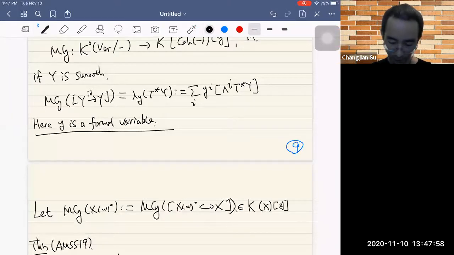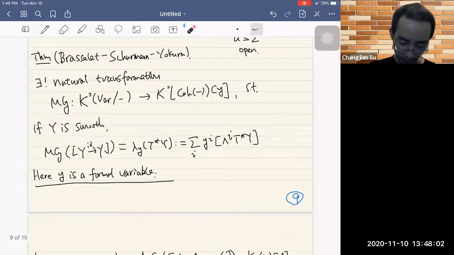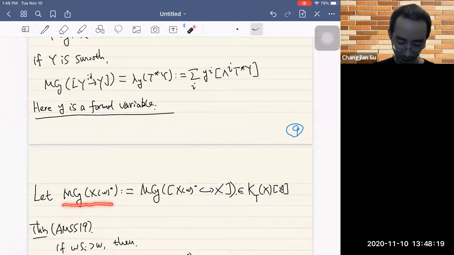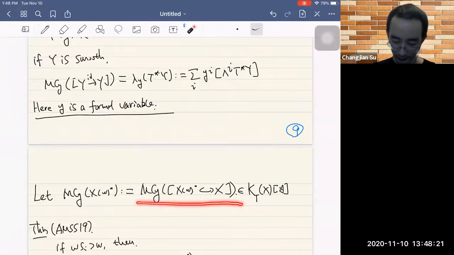I forgot to mention, their construction is in the non-equivariant case, and this can be extended to the torus-equivariant case. Okay, so as before, let me just use mc_y of X_w circle to denote this K-theory class.